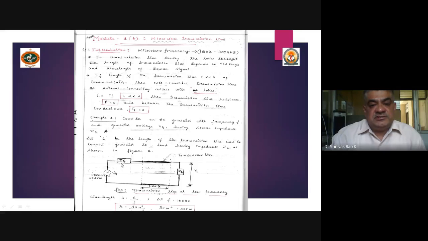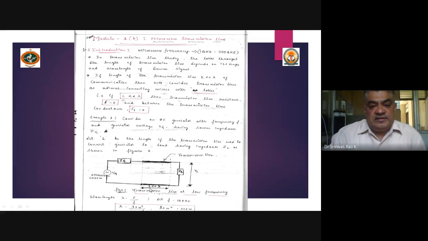Let us say ZG. Then we have the transmission line connected in between, and a load impedance. We connect some kind of load to the source through the transmission line, and we have the source impedance also.